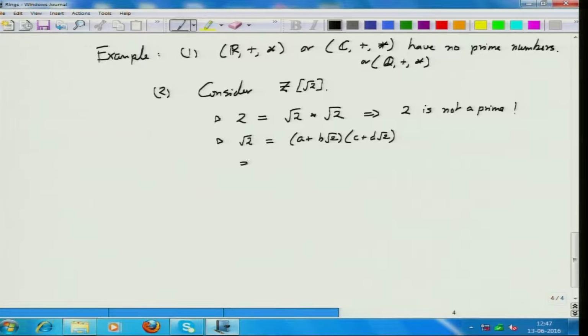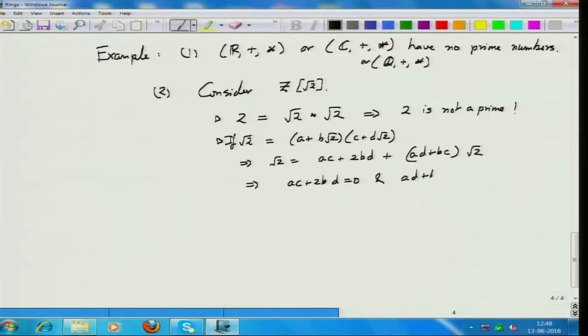This implies that root 2 is (ac plus 2bd) plus (ad plus bc) times square root 2. This implies that ac plus 2bd is 0 and ad plus bc is 1.